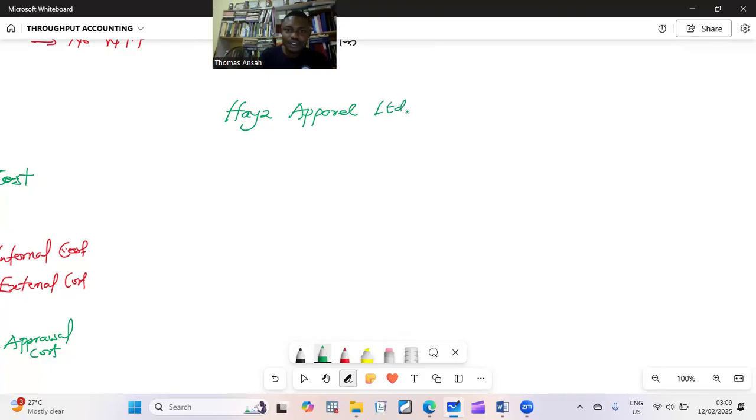All right. So let's say Hayes Apparel Limited sews dresses. And let's say that he has two departments in his tailoring shop. The two departments are those people who will be cutting the cloth and those people who will be stitching it, or let's say sewing it.